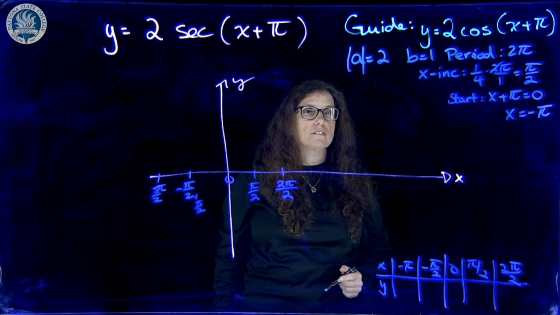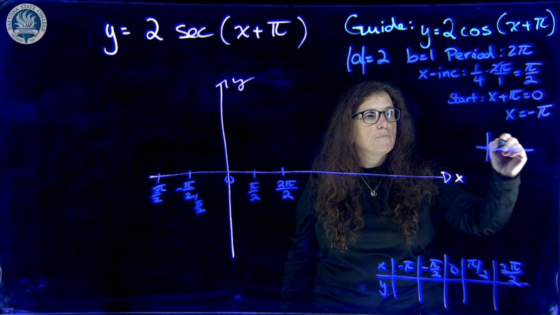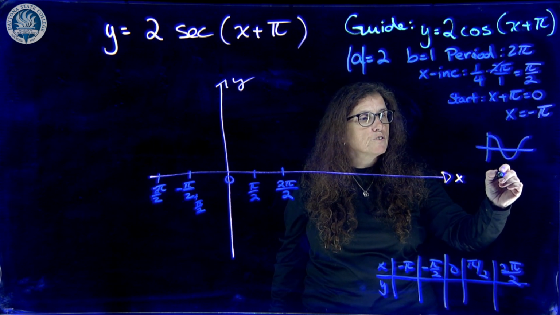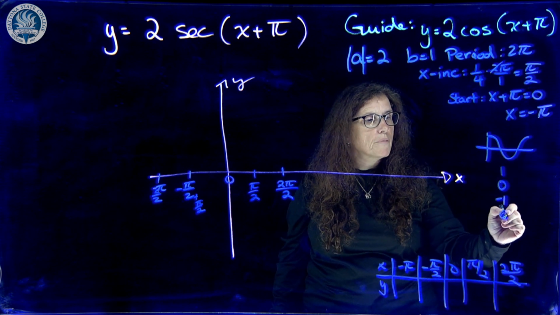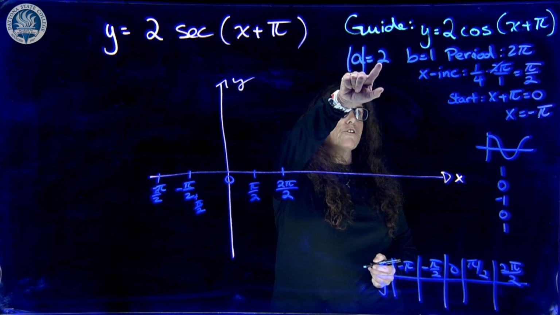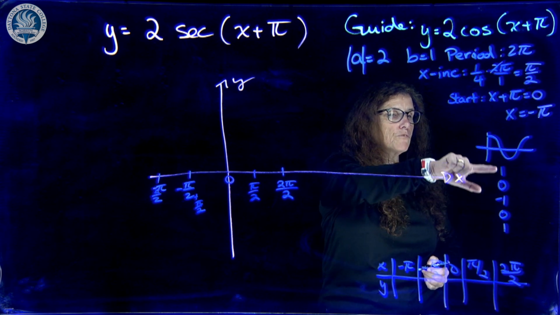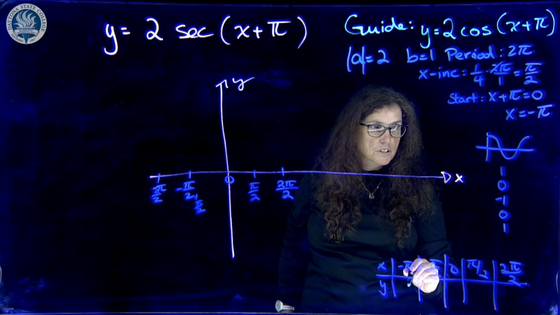Now let's find our y values. Remember the basic cosine function. The y values start with 1, then it goes to 0, then we go to negative 1, back to 0, and then back up to 1. Our amplitude is 2, so if we multiply these basic y values by 2, we have the y values we need for our cosine function.